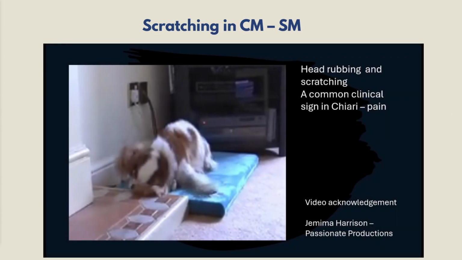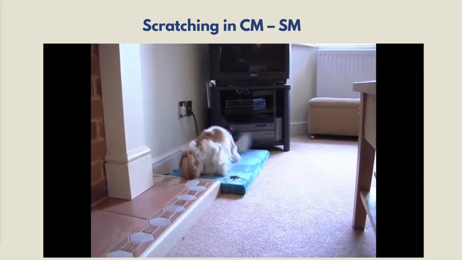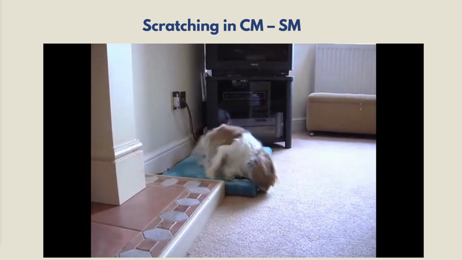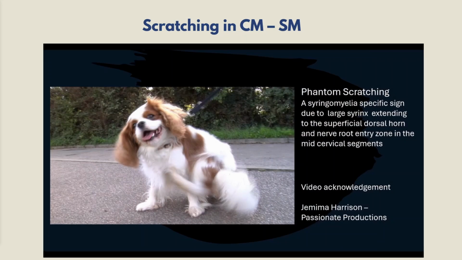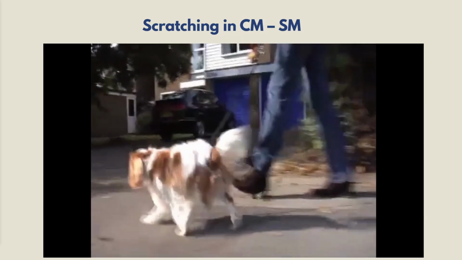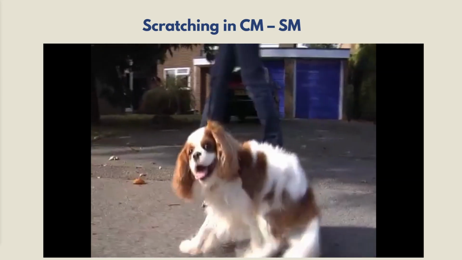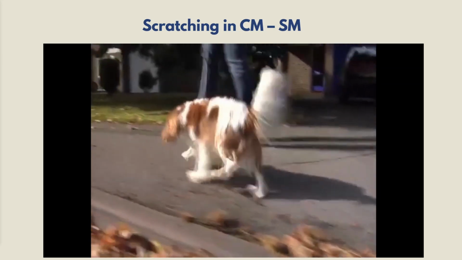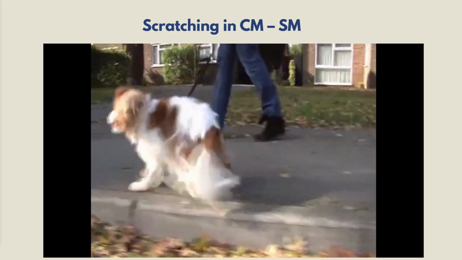So we can see that in this video here, we can see the dog rubbing her head associated with presumed head pain. And then we see the signs associated with phantom scratching, which you can see here is this strumming action, not making contact with the neck, induced by rubbing of the collar on the neck region.